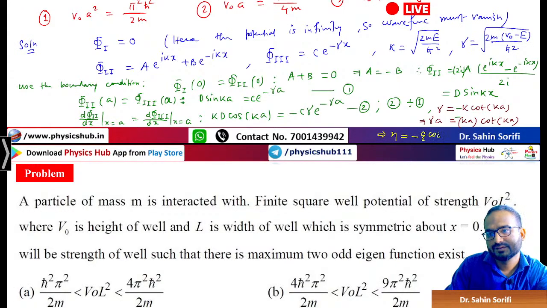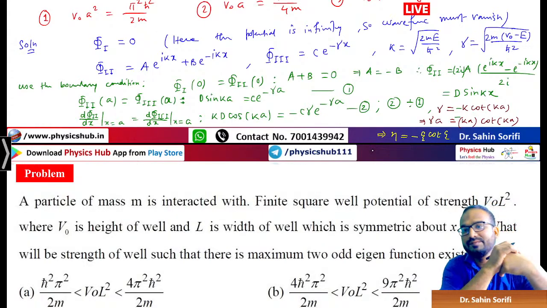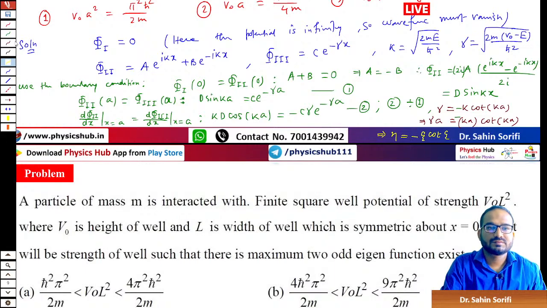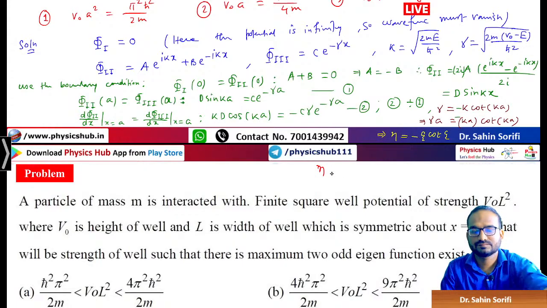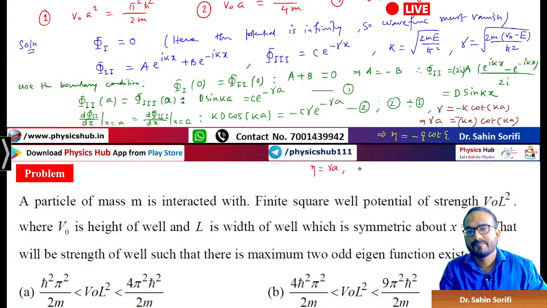Minus xi, what is xi? Where this eta value we know, eta is equal to gamma a and xi is equal to ka. Look, I don't have space here, so I am just writing here, eta is equal to gamma a and xi is equal to ka.